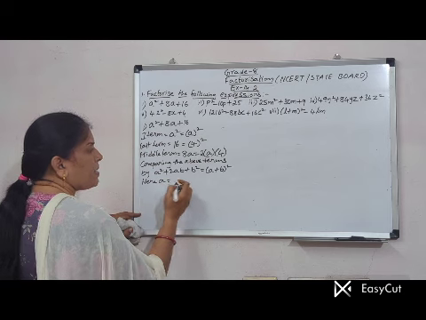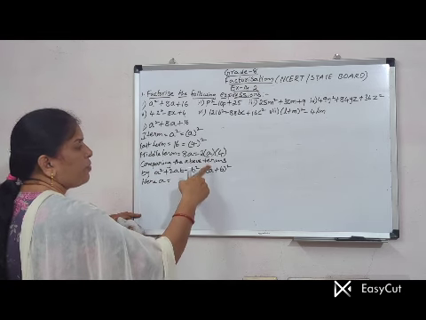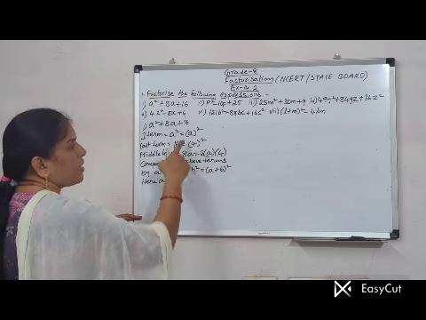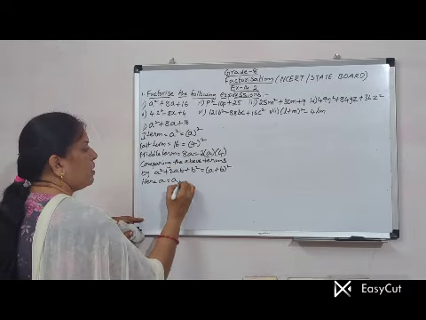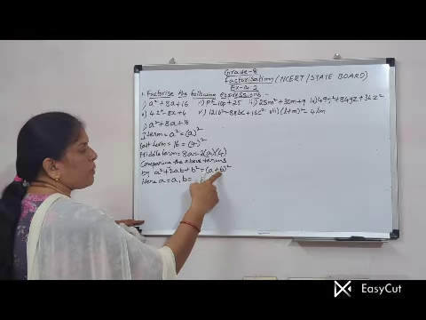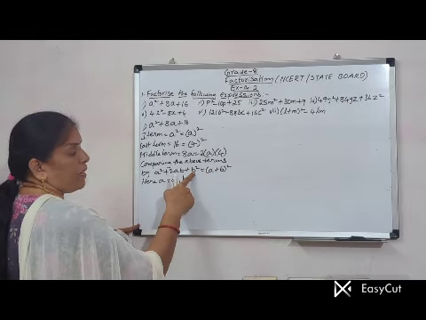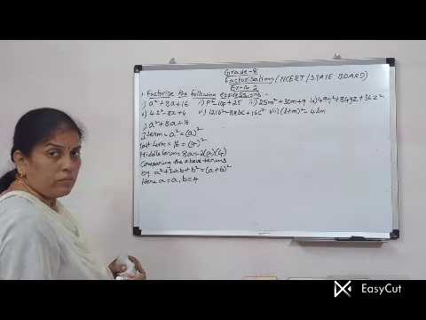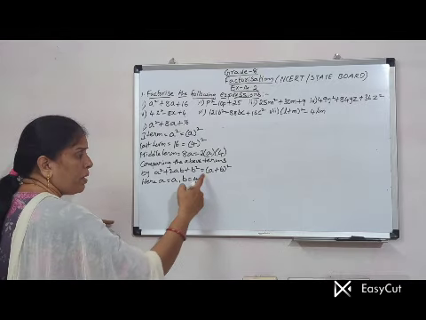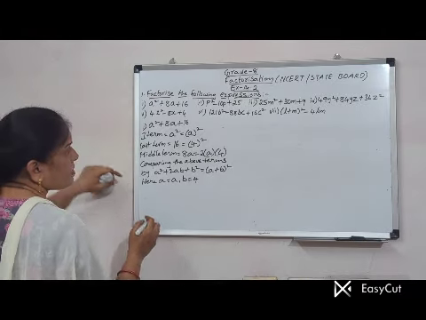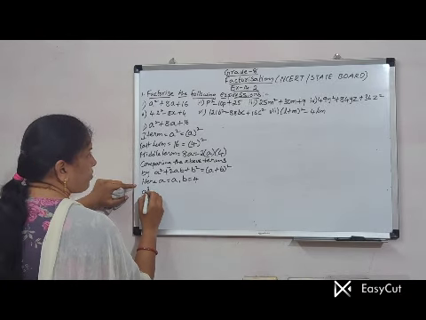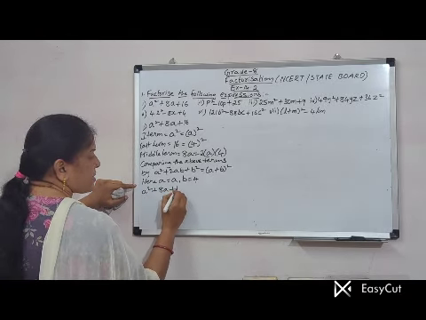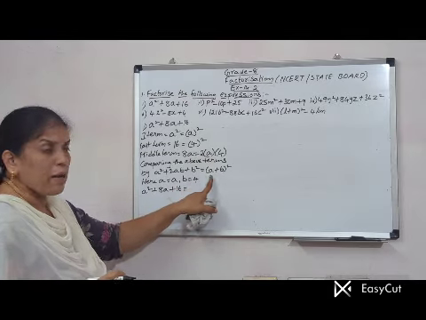In the place of a, A only is there. B, in the place of b, the last term, 4 is there. So, what is the formula? A square plus 8a plus 16 equal to a plus b whole square.